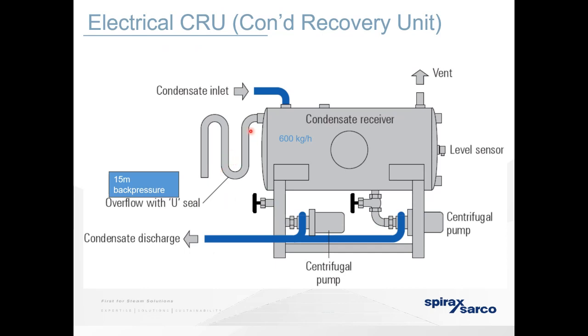I've been to many sites where I've seen this U siphon a little bit too short. This picture is a little bit misleading, because the loop needs to be long enough that you can keep a back pressure of water in there. This is meant only as an overflow. You want to trap the steam inside here and vent the flash out of here.